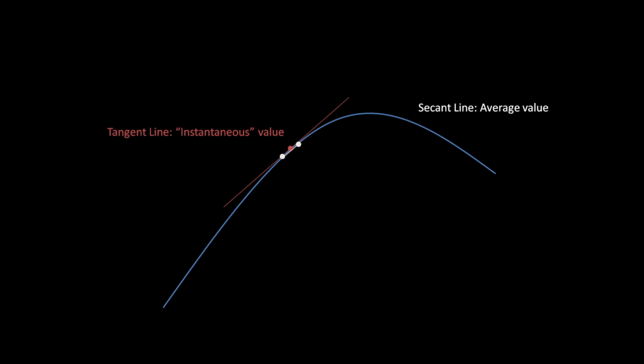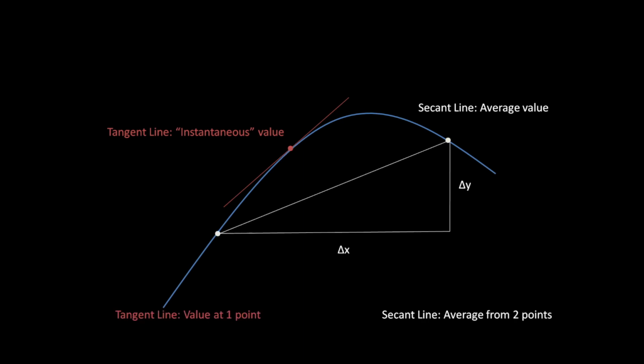But algebra couldn't figure out in the long run how to get a numeric answer. So the secant line requires 2 points to get a value. This point, this point. While the tangent line only requires 1 point to get this value.